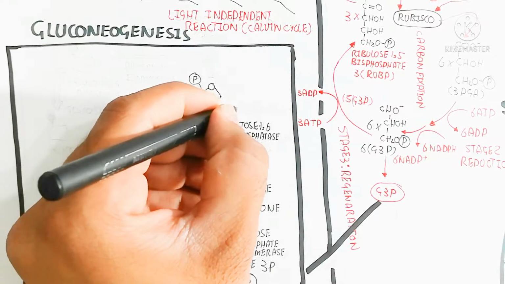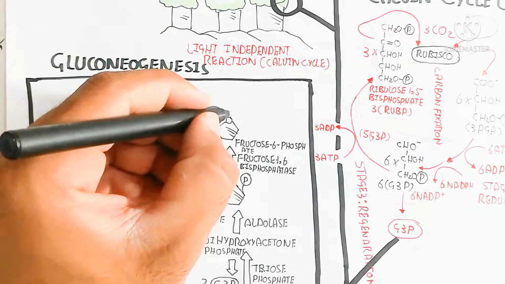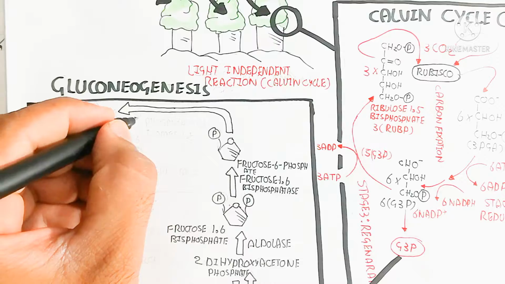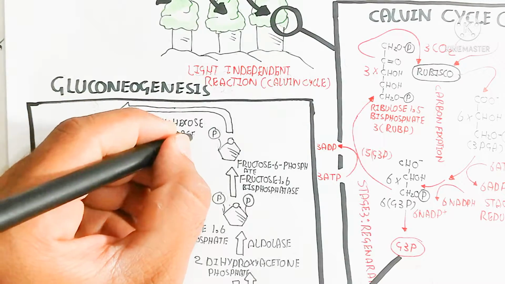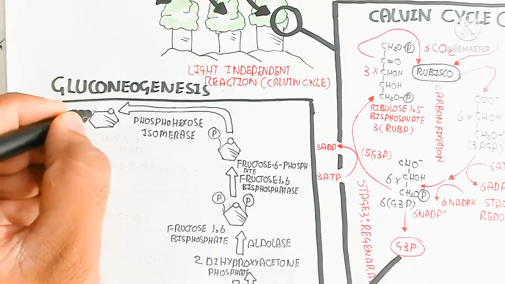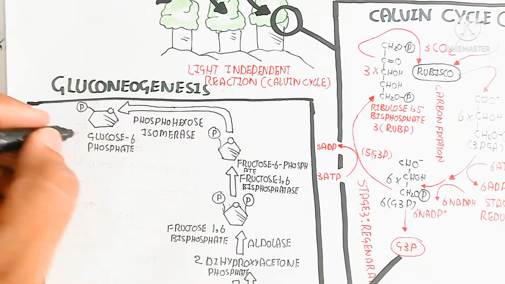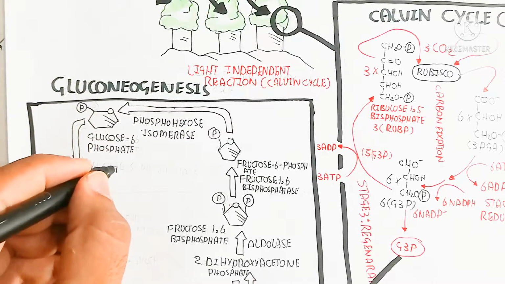and in this way the fructose 6 phosphate is formed, because the fructose 1,6 bisphosphatase enzyme will separate the 1 phosphate group, and phosphohexose isomerase enzyme leads to produce glucose 6 phosphate because of the isomerization.